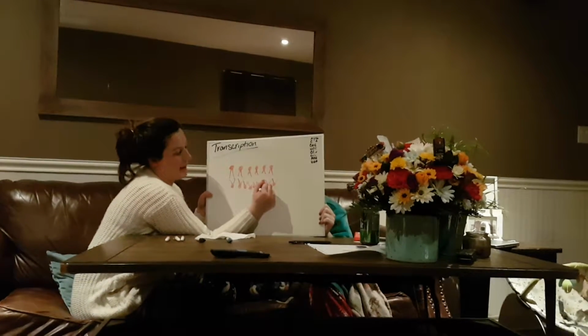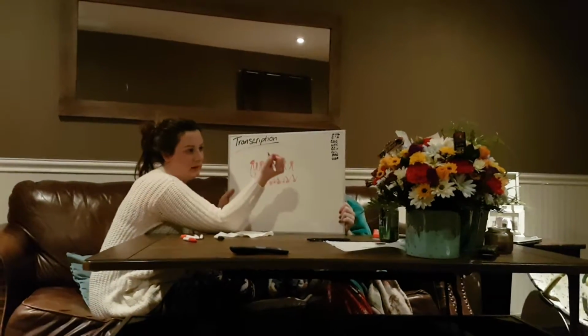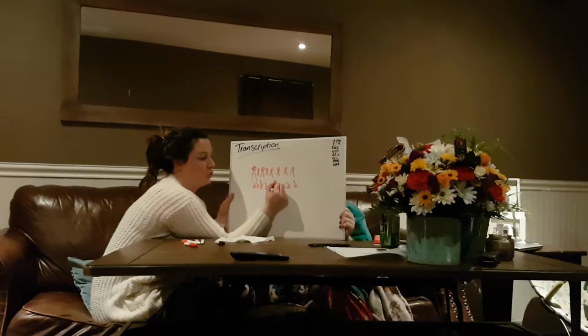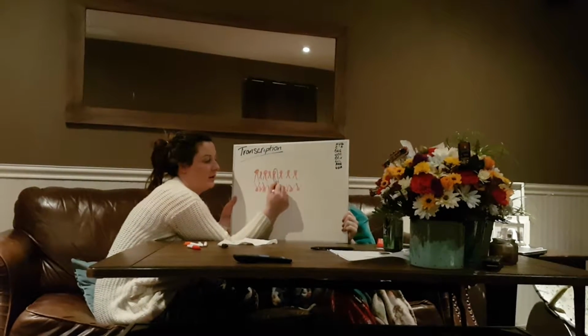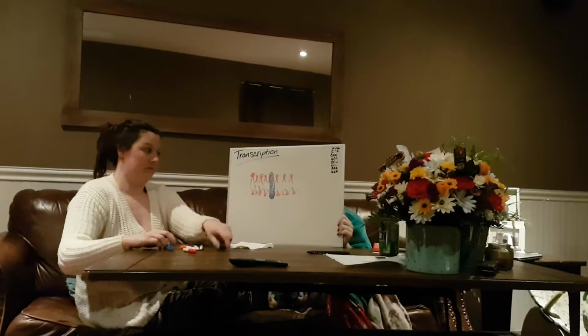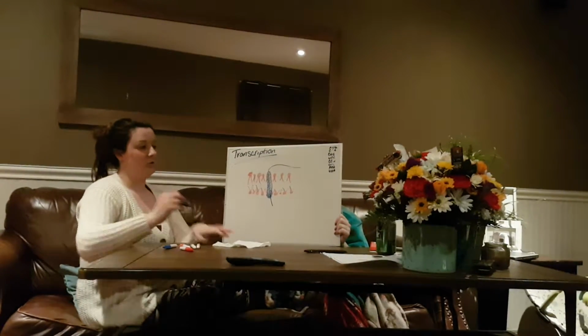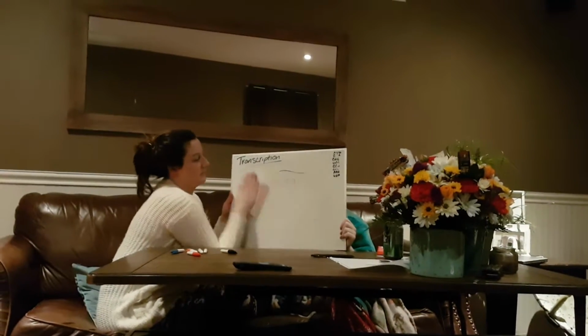So it's tightly packed, so nothing can get through. But there are doors, like pores that are like doorways for the messenger RNA so that it can make its way out and go to the ribosome, which is where translation happens.